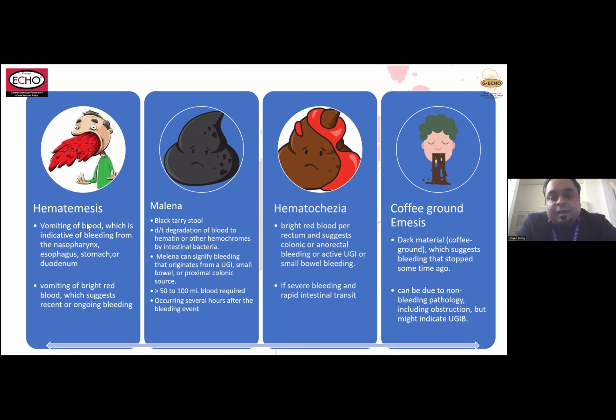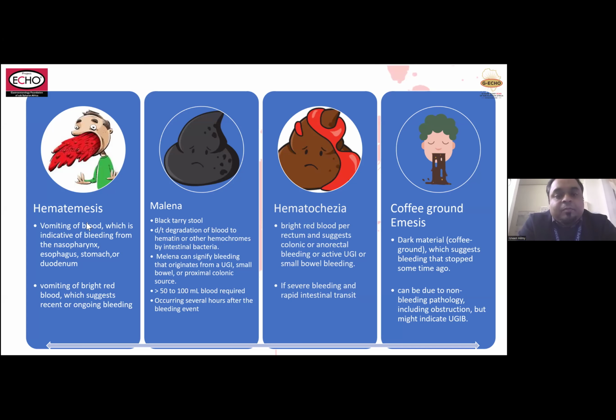Coffee ground emesis is dark like coffee material, which suggests the bleeding has stopped some time ago. And it can also be due to non-bleeding pathologies. So one should be wary and look for any obstruction, but obviously it also might be because of blood.